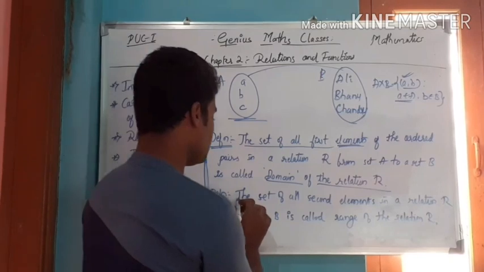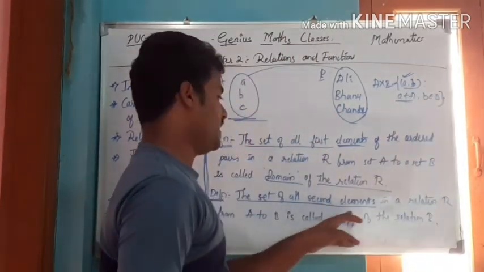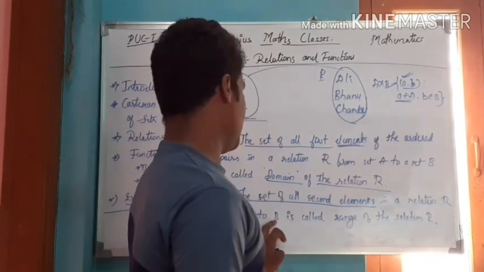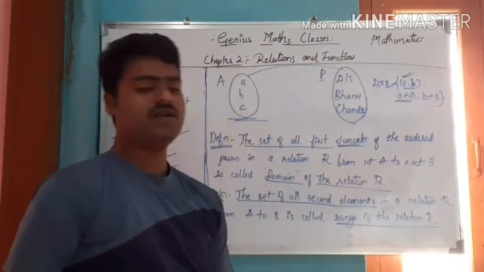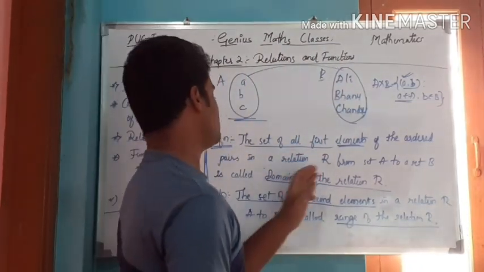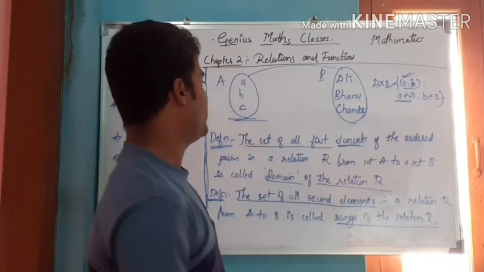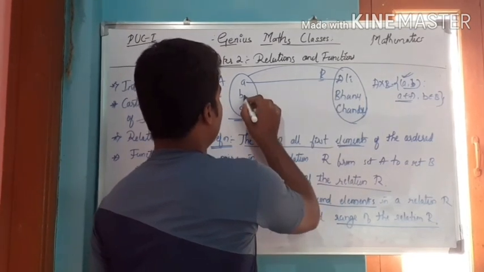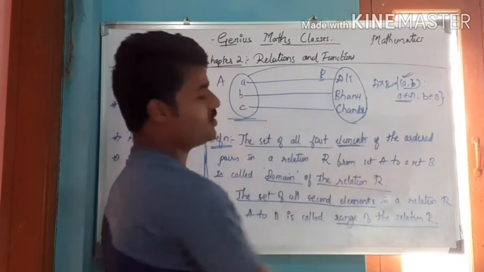The second one is the set of all second elements, that is b, where b belongs to B, in a relation R from set A to the set B. It is called the range of the relation R. So this is about domain and range. That means A is in relation with Ali, B with Banu, C with Chandru.